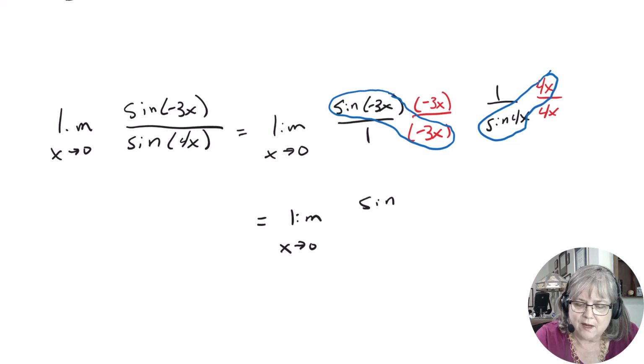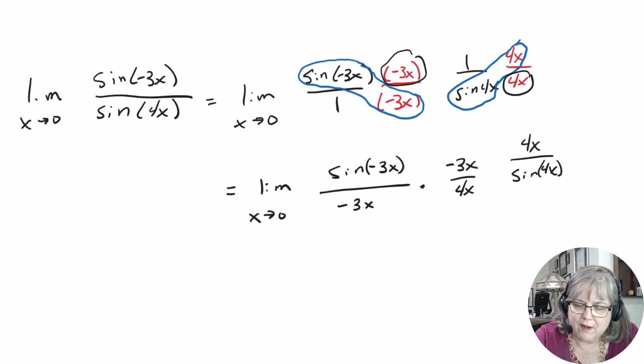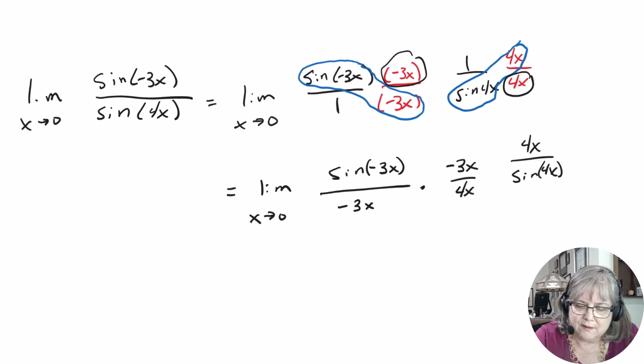You've got sine of minus 3x over minus 3x. And then you have the minus 3x that's hanging out right here. And I'm going to bring this 4x that's left over there. And then I have 4x over sine of 4x. So this follows that pattern where the argument and this down here match.